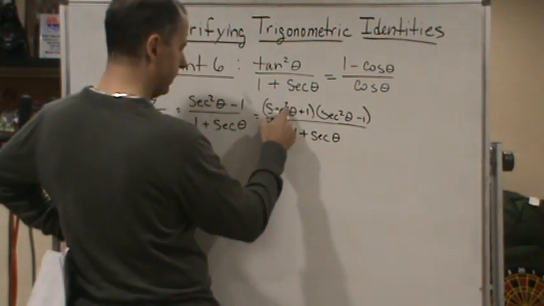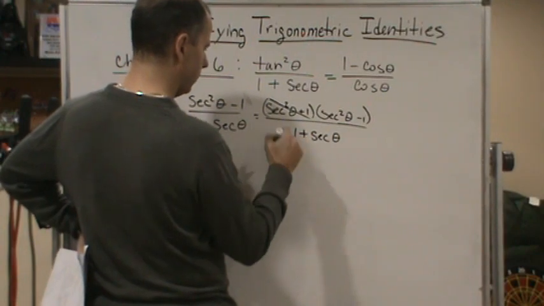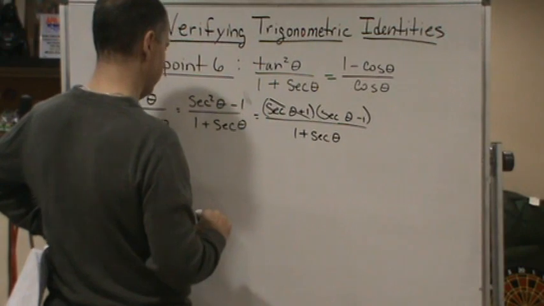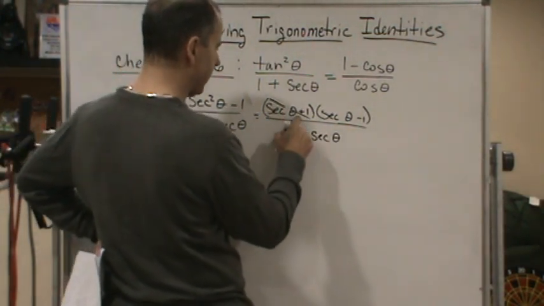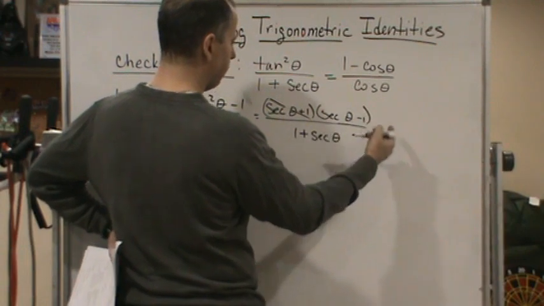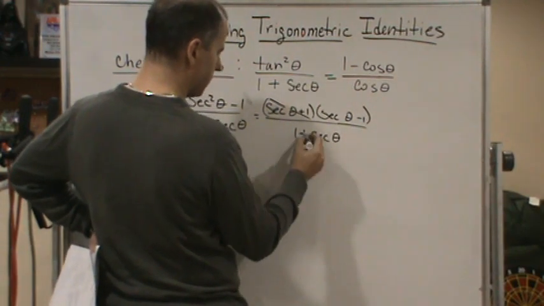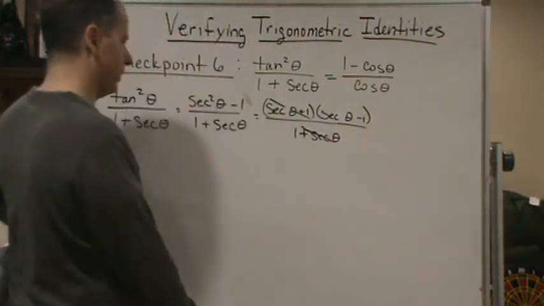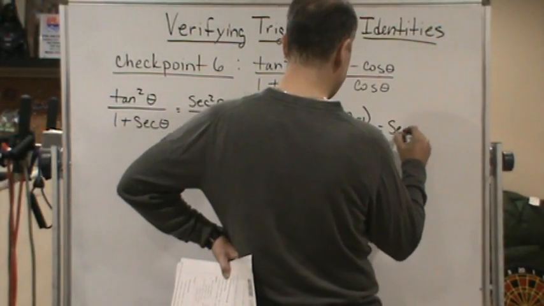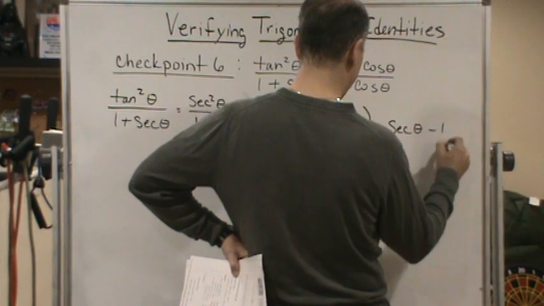Oh, I put a squared up here. These are not squared, sorry. It's secant theta plus 1 times the quantity secant theta minus 1. So the secant theta plus 1 is going to cancel with the one on the bottom, and that gives me secant theta minus 1.